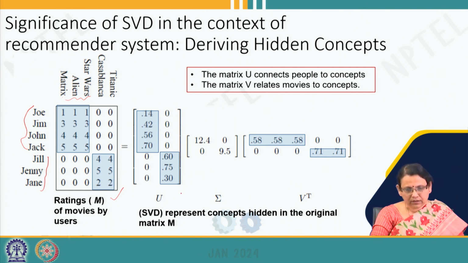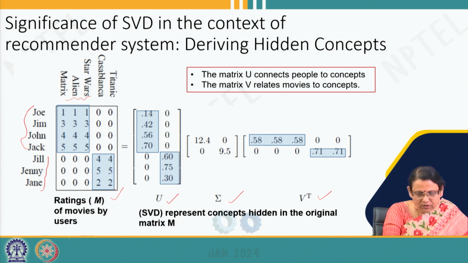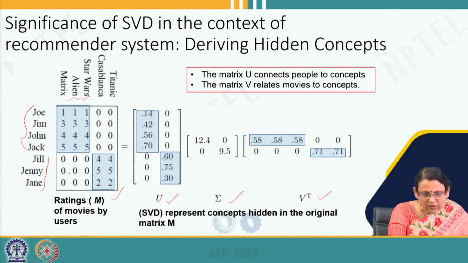the singular value decomposition of this and represent it in terms of U, sigma and V transpose, we get this U matrix. Here, what is R? This matrix was your 7 rows and 5 columns.